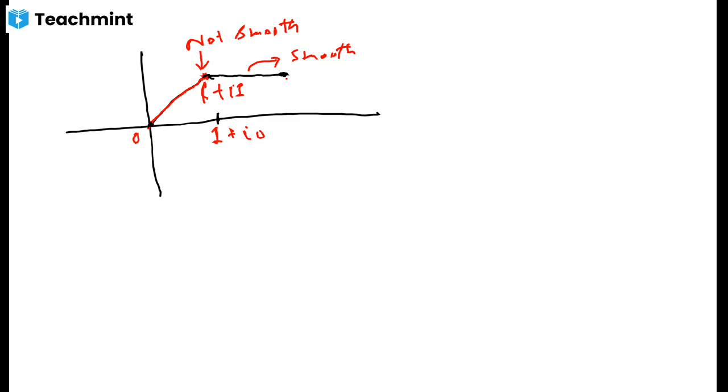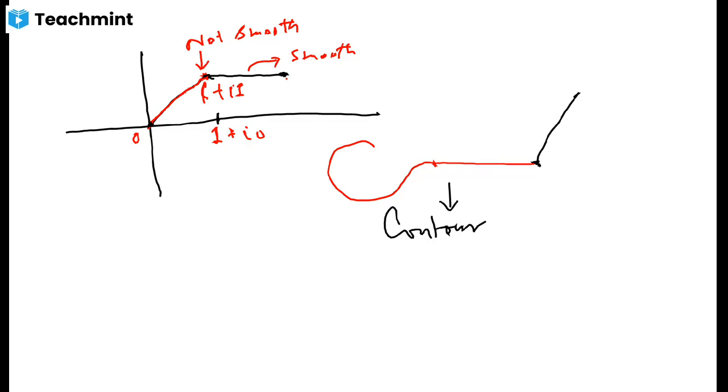Any smooth arc is also a contour, but it says that if you have a number of arcs, for example, suppose this is a smooth arc, I can join another smooth arc with it, and let me join another one here. So everything this appears to you is a contour. It consists of three smooth arcs.